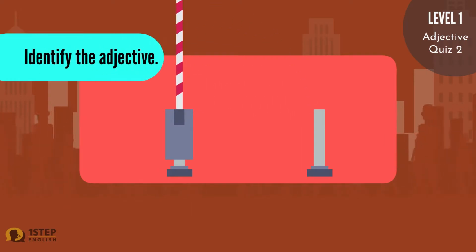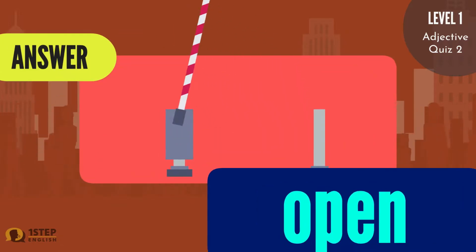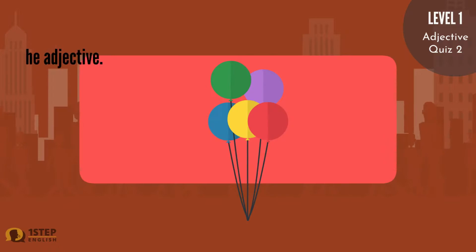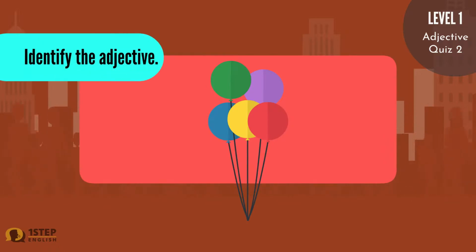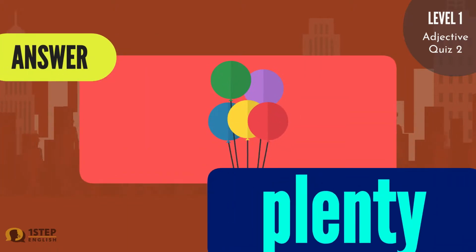The boom barrier is? The correct answer is open. The boom barrier is open. The balloons are? The correct answer is plenty. The balloons are plenty.